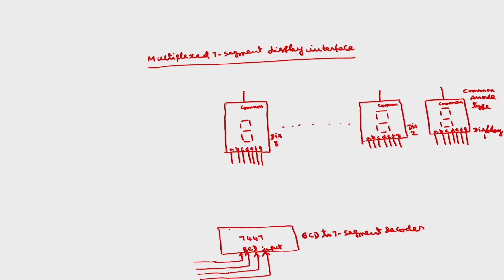The outputs will be 7 segments A, B, C and so on. As we discussed in the last class, A connects to A, B to B, C to C and so on, through 150 ohm resistors, which are called current limiting resistors.